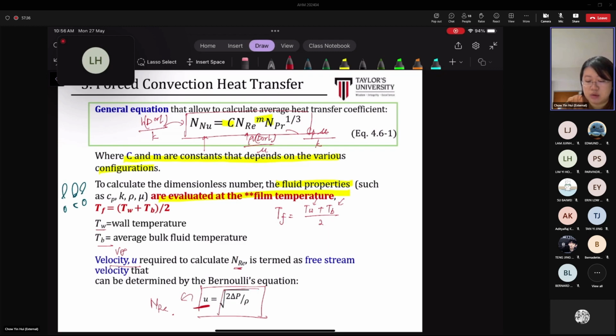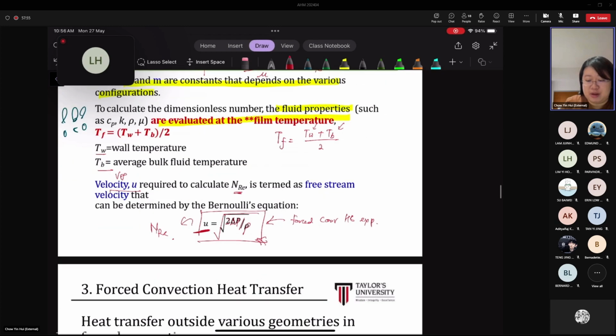It's the square root of 2 multiplied by the differential pressure divided by the density of the fluid. You may need to apply this later in your forced convective heat exchanger experiment, the lab report.